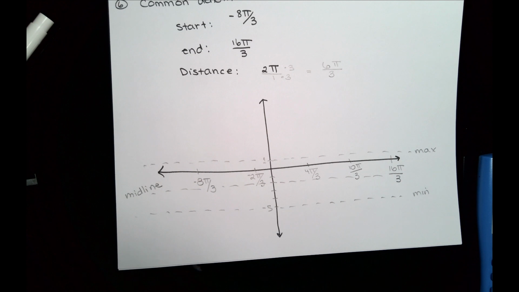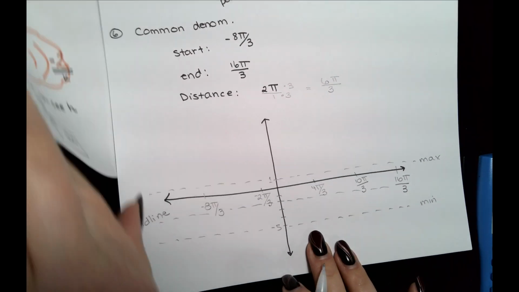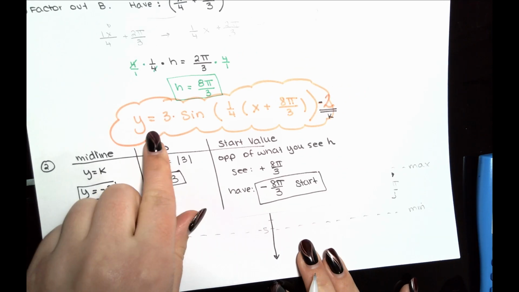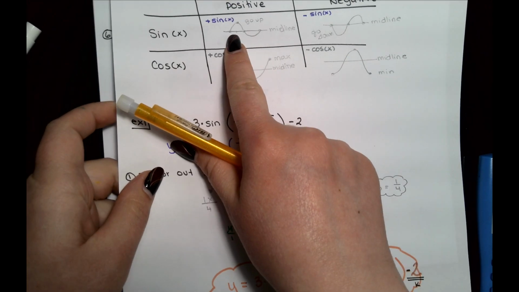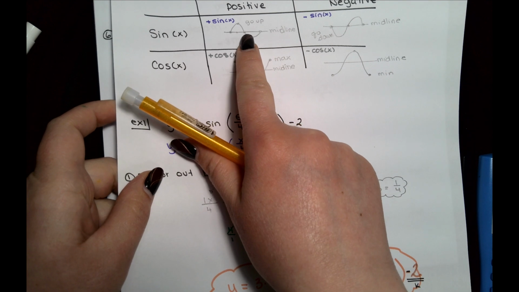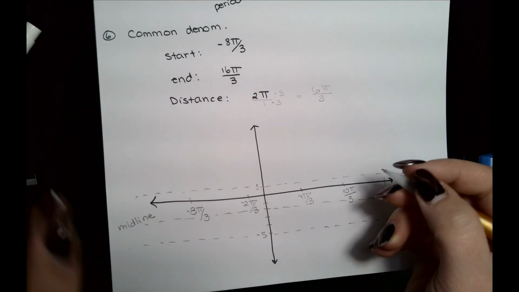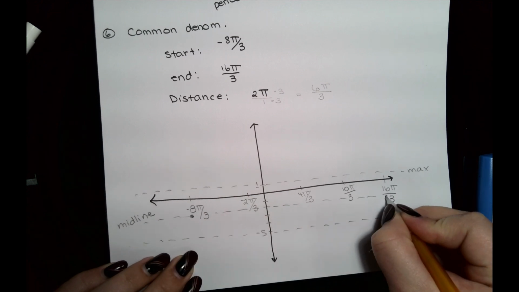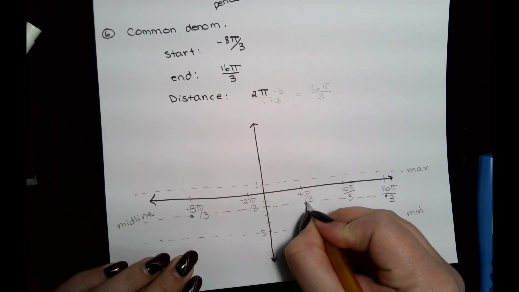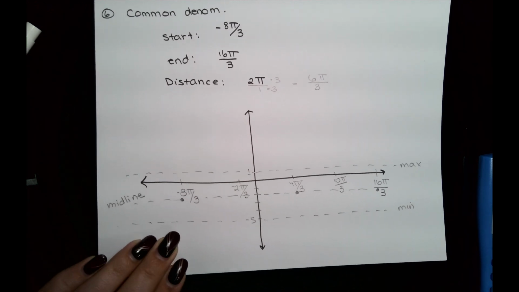Okay, now what kind of function do we have? We have a positive sine function. Positive sine is going to start, end, and have its middle on the midline. So here's our start, here's our end, and here's our middle on the midline.